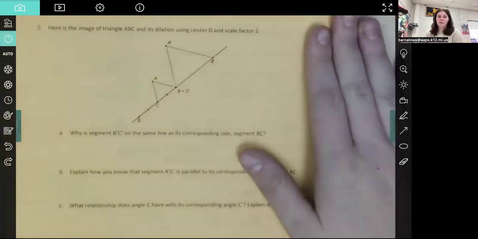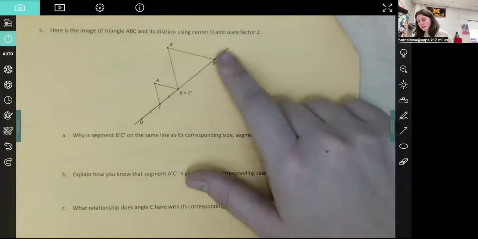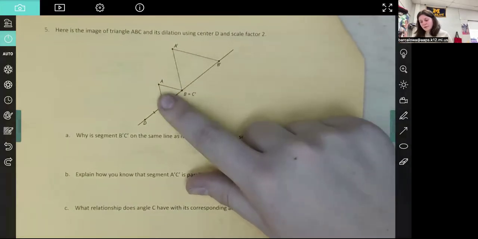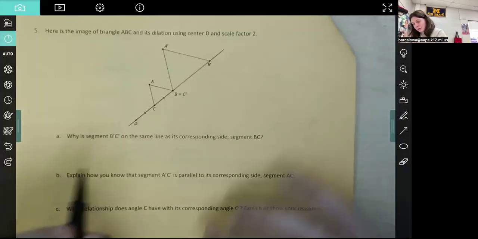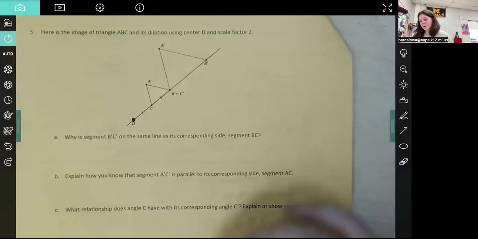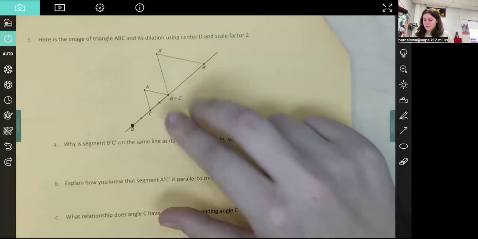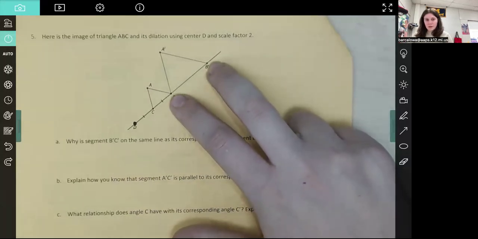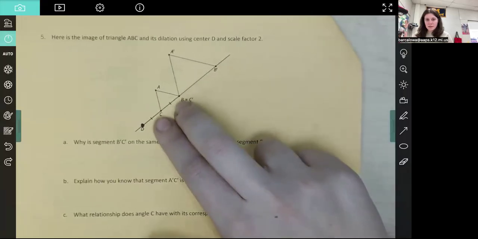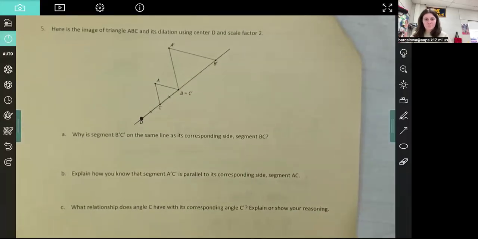Here is the image of triangle ABC and its dilation using center D and scale factor 2. Okay, so here's my center. Why is segment B prime C prime on the same line as segment BC? Okay.